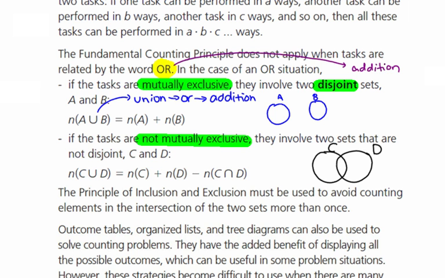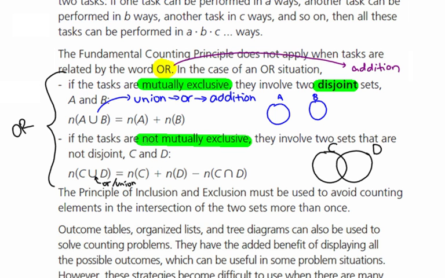So if I, again, have an or situation, so all of this, these are for or. And so or, you could either be mutually exclusive or not mutually exclusive. Because of this overlap, the number in C or D, remember this is union, would be the total number in C plus the total number in D, and then minus the overlap, because we've added that twice.